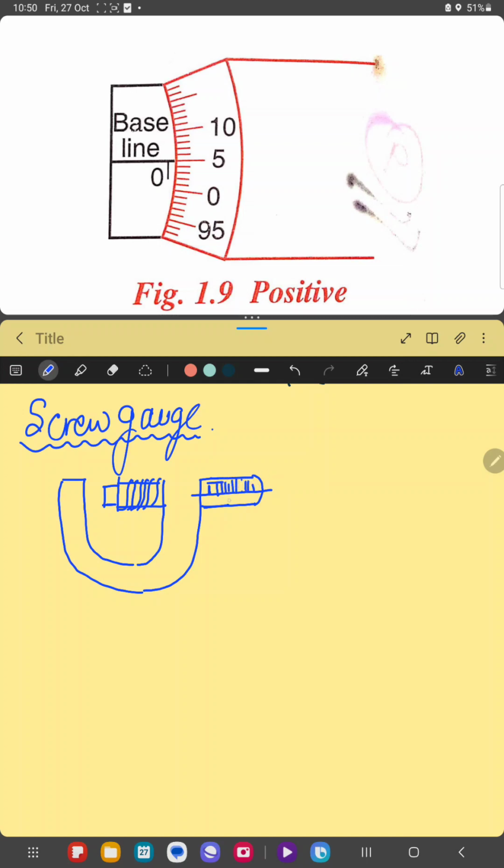That scale is called the main scale. Along with this main scale, there is one more scale attached, called the circular scale.